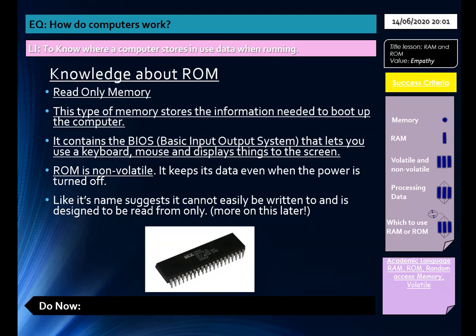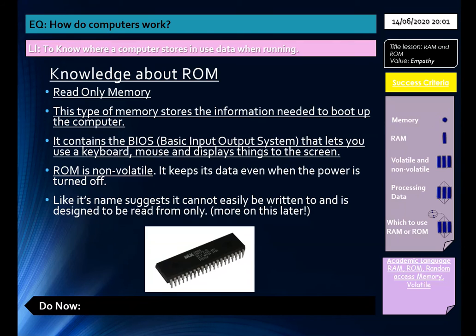Let's look at ROM. ROM stands for read-only memory. It contains the BIOS. Now this is something called the basic input-output system. This lets you use the keyboard, mouse, display things to your screen. At initial time you turn your device on, the BIOS is used to let you control it until, for instance, either Windows is loaded, or iOS is loaded, or your Android system has loaded up.